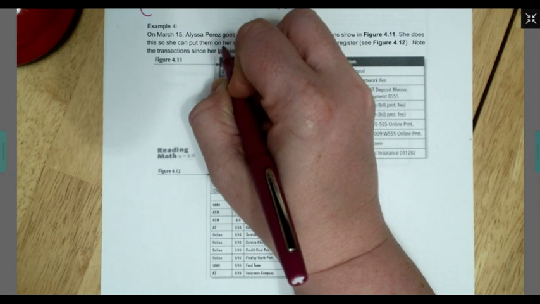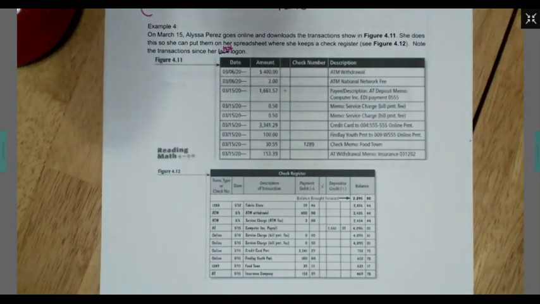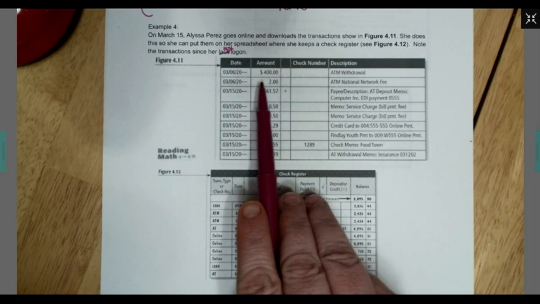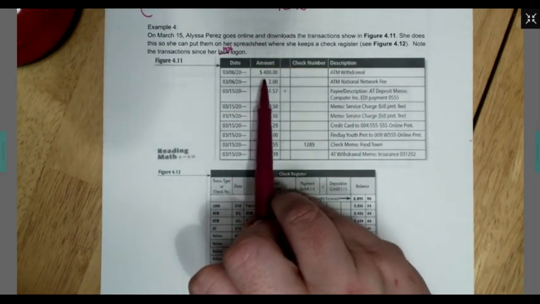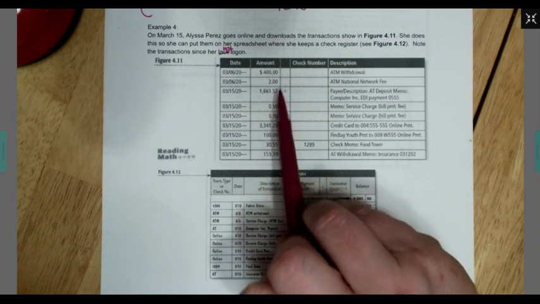Sorry, that should say last. Here it states, in figure 11, it says that she had an ATM withdrawal of $400.